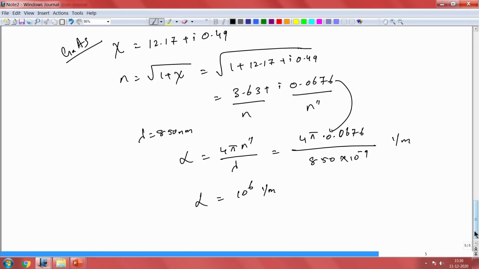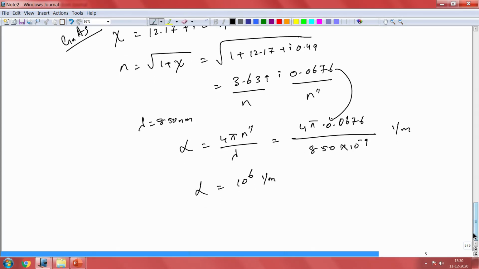Based on this alpha, one can calculate how much length is required in order to absorb the light. Let us say I want to absorb 99% of light. For 99% of absorption, what is the length required?